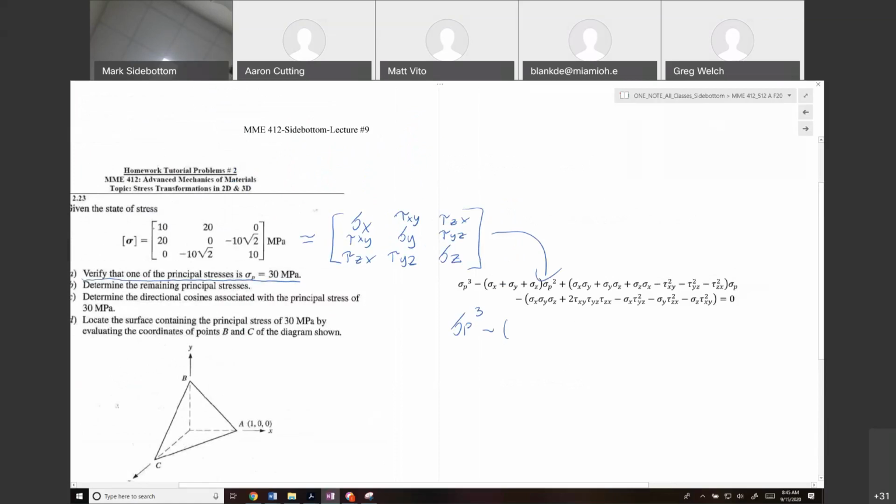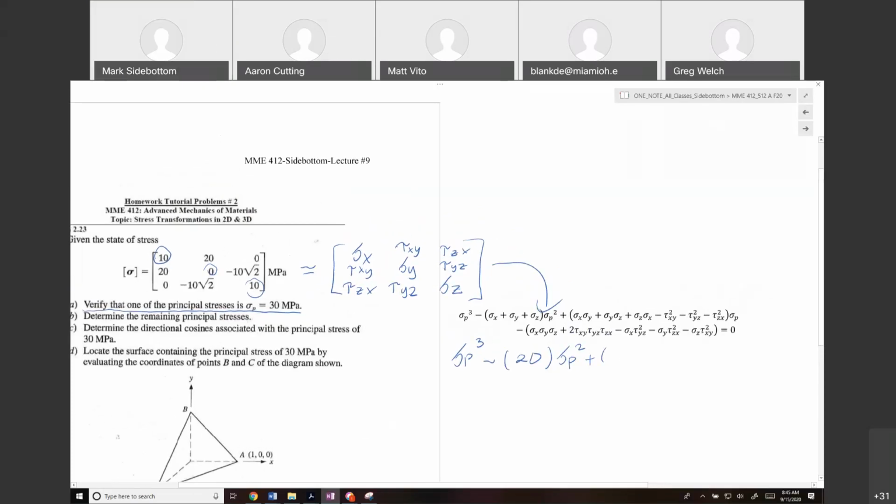Our normal stresses are 10, 0, and 10, so that's equal to 20 times sigma p squared, plus our next term, which is the products of the normal stresses minus each of the shear stresses squared, times sigma p.